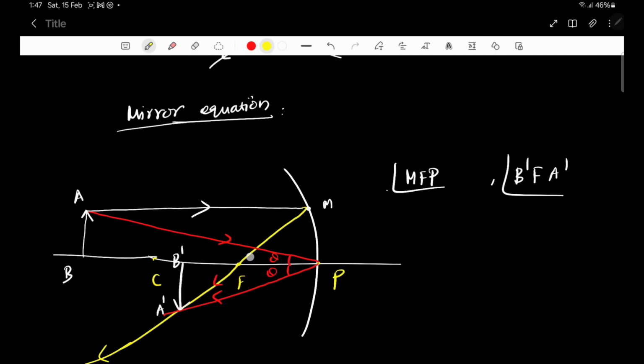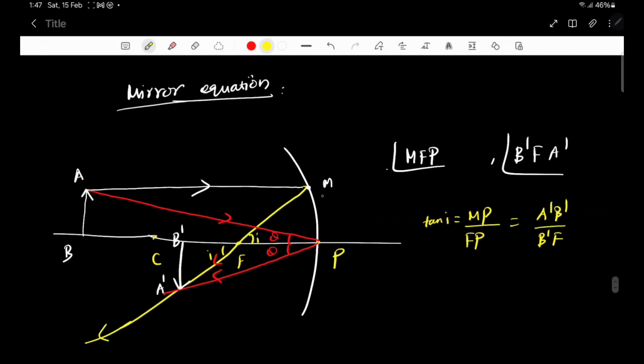Yes, they are making the same angles. It's I, and it's also I. Then I can say that tan I is equal to MP by FP. Similarly, the same tan I is equal to A dash B dash by B dash F.